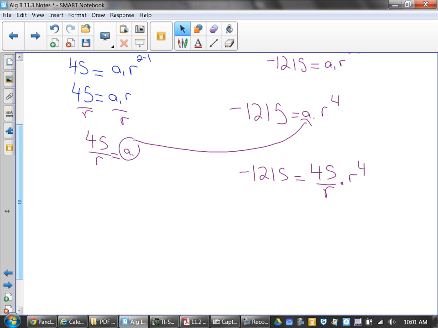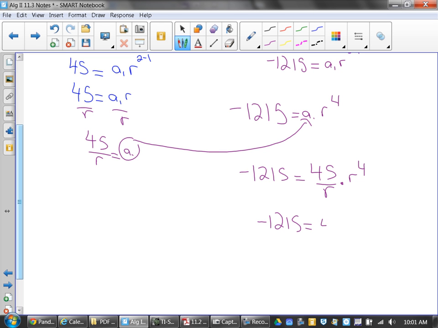That's the best game. In this case, which one is bigger, 4 or 1? 4. Who wins? 4. So what's 4 minus 1? 3. So what's r to the fourth divided by r? r cubed. So it's 45 r cubed. You're just subtracting exponents. You are playing the game of war.